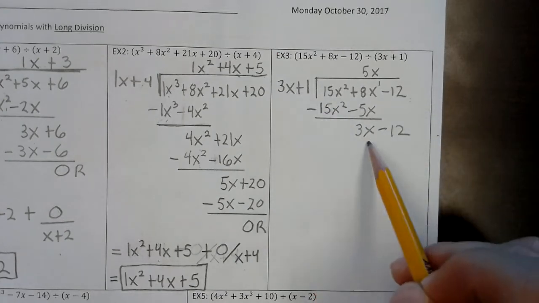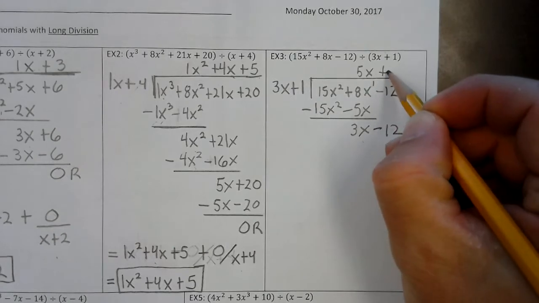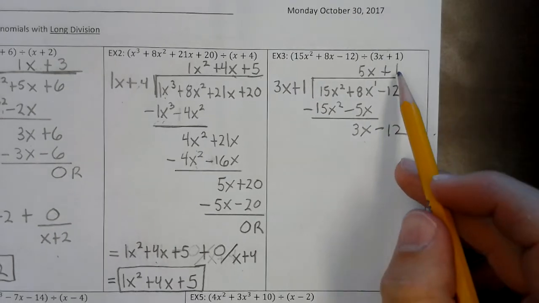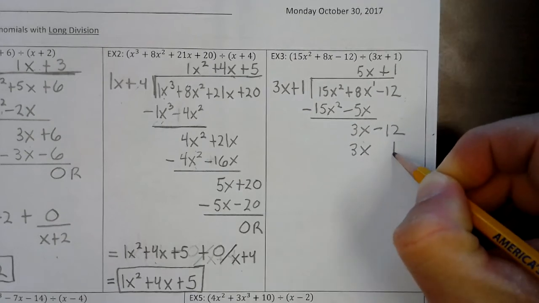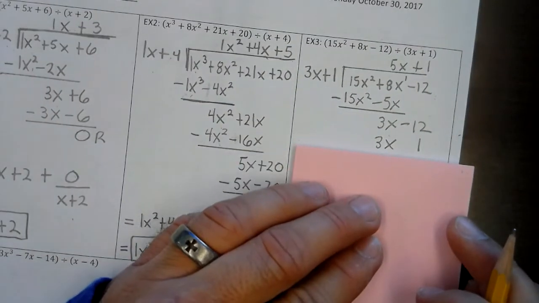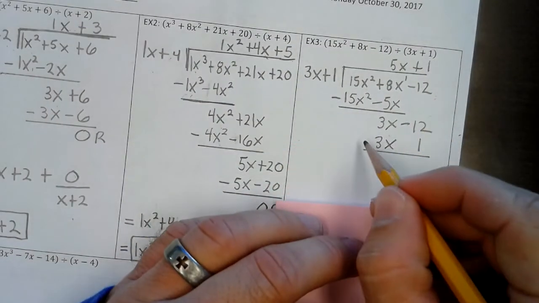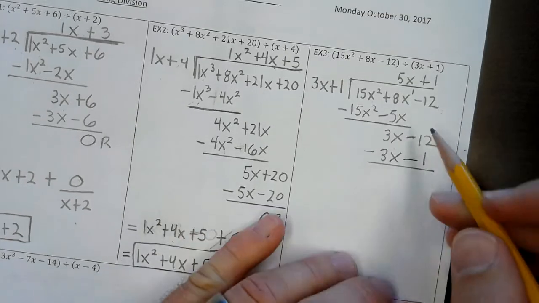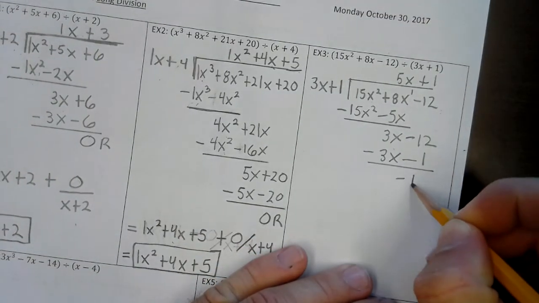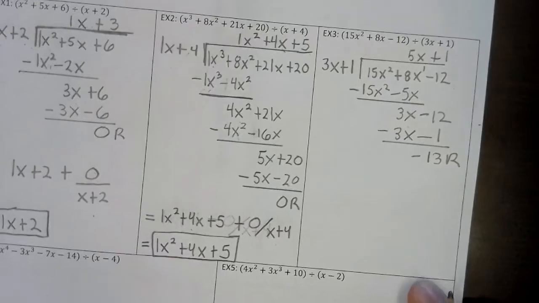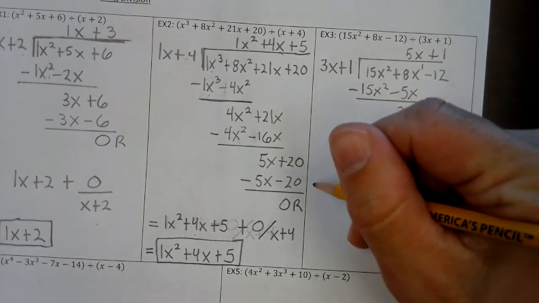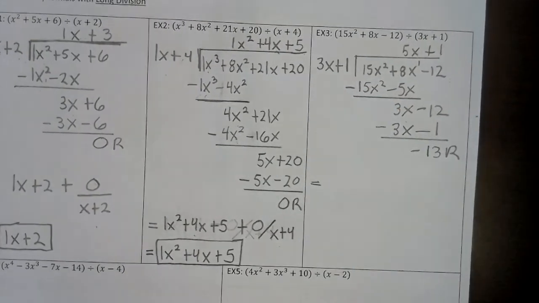How many times does 3x go into 3x? Well, that's 1. And then we multiply. 1 times 3x plus 1 is 3x plus 1. And again, I didn't put the plus 1 because I know I'm going to subtract. Cancels, you're left with negative 13. So your remainder is negative 13. So you get, now I'm not going to make the mistake I made last time and wrote this.